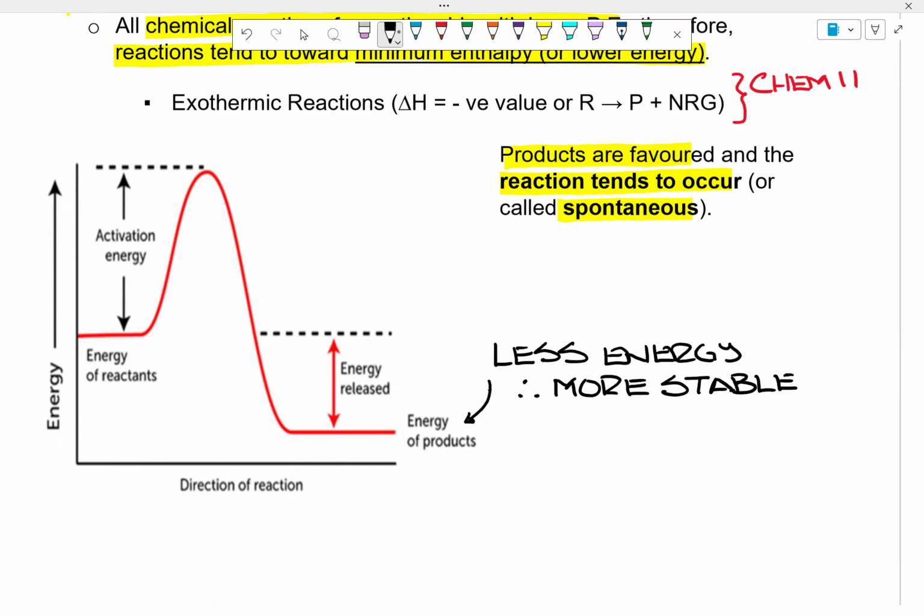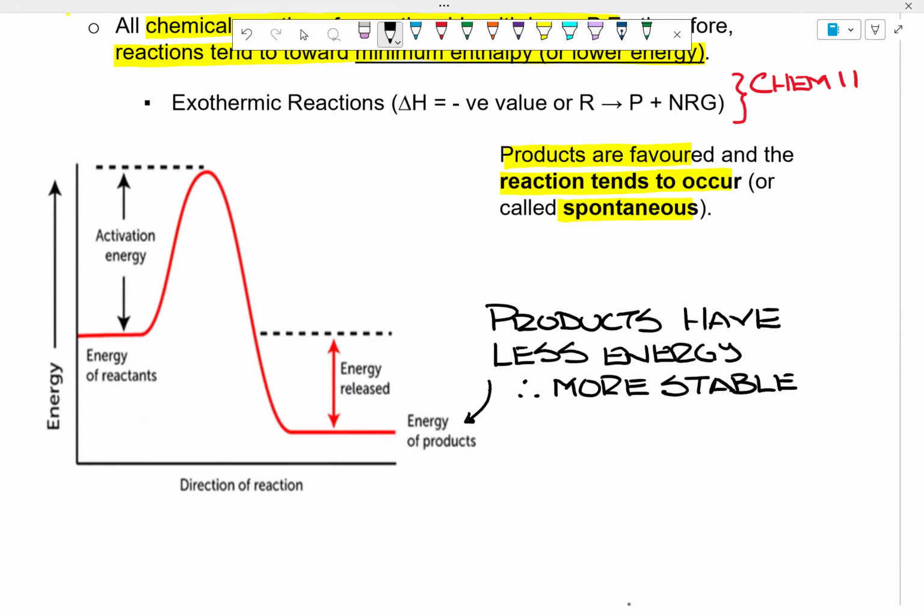So in this case, I could say products have less energy and therefore more stable. Since the bonds have less energy, it's considered more stable.